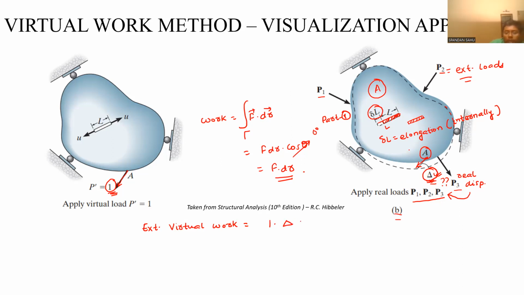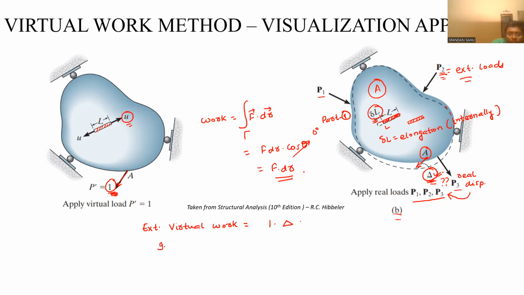Now, when these external loads are acting, a delta L displacement is occurring in the internal elements also. For this 1 unit virtual load, let u be the force generated in this internal element.